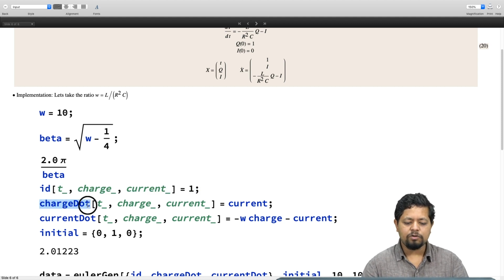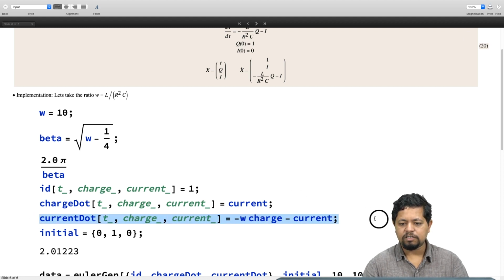Then charge dot is Q dot. It is again an argument of t, charge and current, but it is only a function of current. So therefore Q dot is only equal to current. And then finally current dot, which is the principal part of the differential equation, again is a function of t, charge and current in general, but in this case it is minus L by R square C, which is W, times Q minus the current. So therefore current dot is the third equation in this matrix equation.